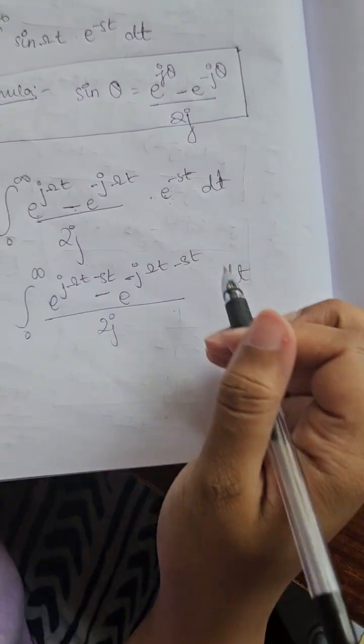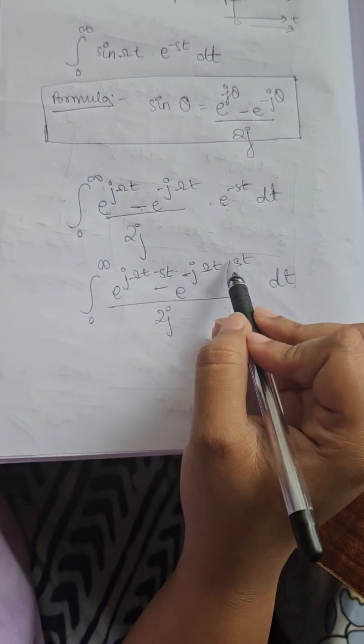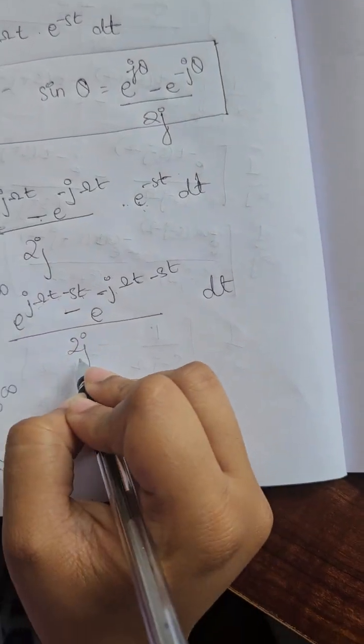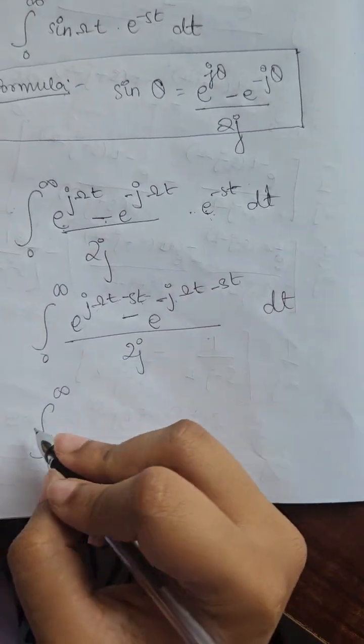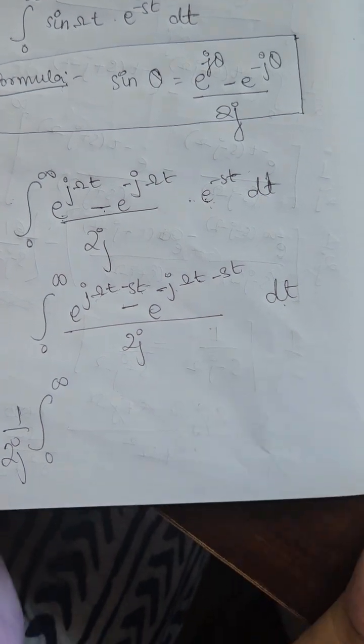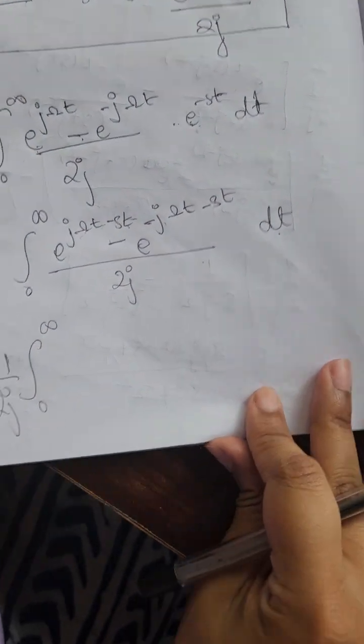Now what I'm going to do here is take what's common. So t is common in both places. I'm just going to take t common. You can actually take the 1 by 2j out because it doesn't have a t value, and hence it is not going to be integrated, so we can take it out.